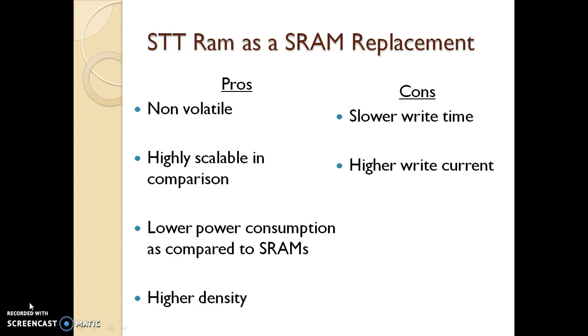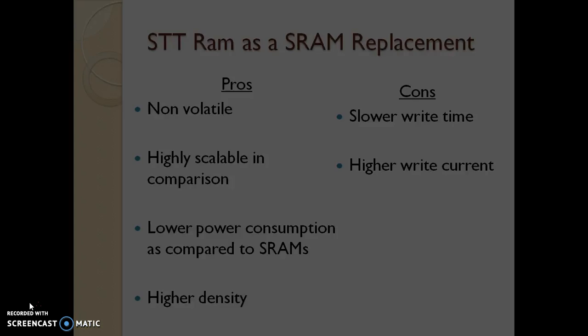If we replace SRAMs with STT-RAMs, the advantages are non-volatility, high scalability, low power consumption, and higher density as well. On the other hand, the cons include slower write time and higher write current.